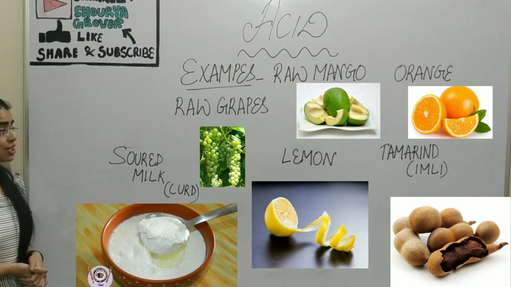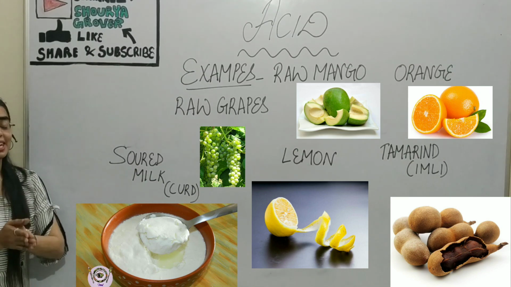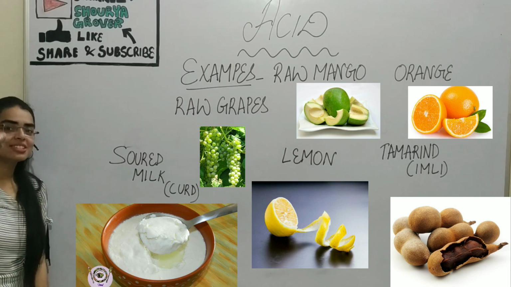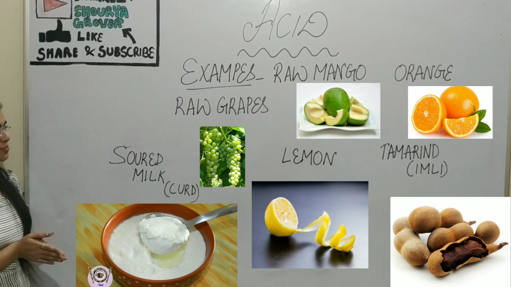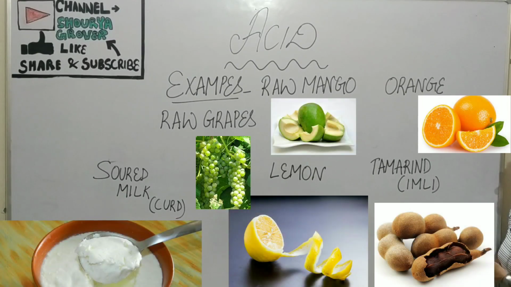Now coming to the third example, that is the lemon. You can see the lemon's picture. As I have already explained, lemon contains citric acid. Now comes the next example, that is raw mango. Yes friends, raw mango is also acidic because it contains an acid.